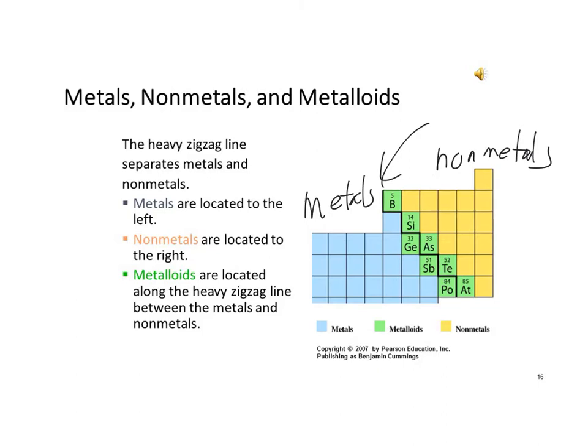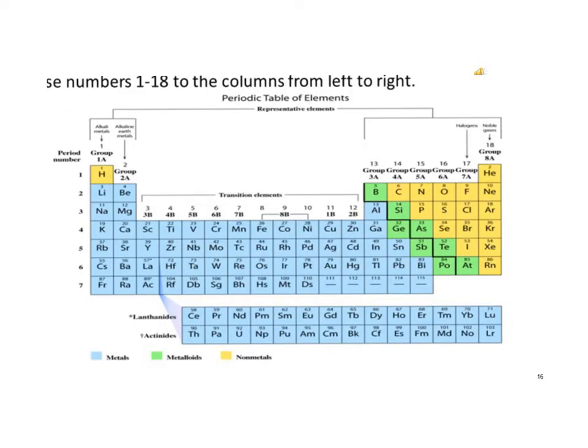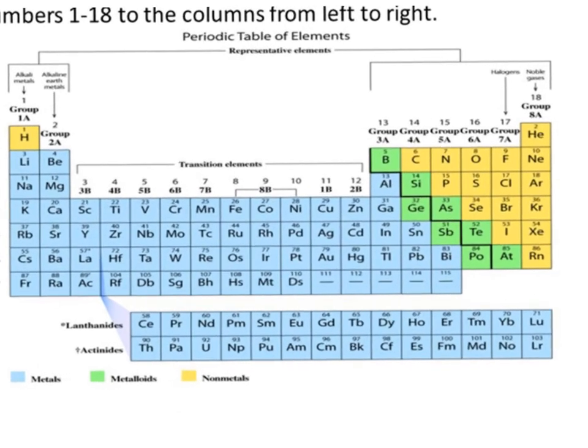Let's take a look at this periodic table. We see our thick black staircase step line going down it, separating metals on this side from non-metals on this side. It's really easy to keep the two straight just because of our everyday life.